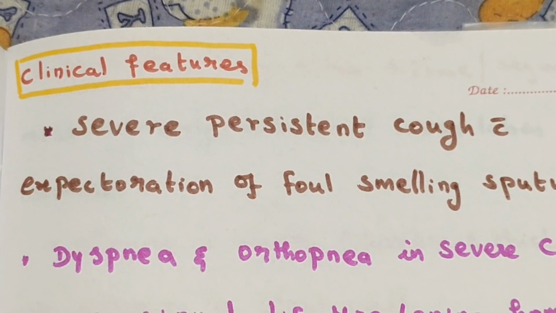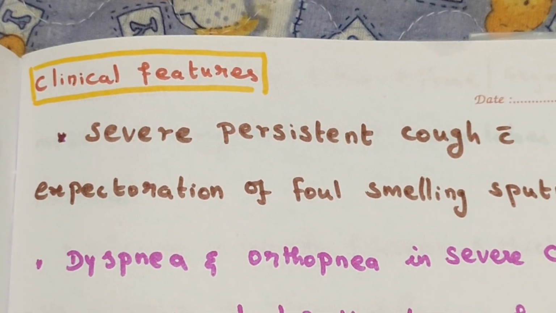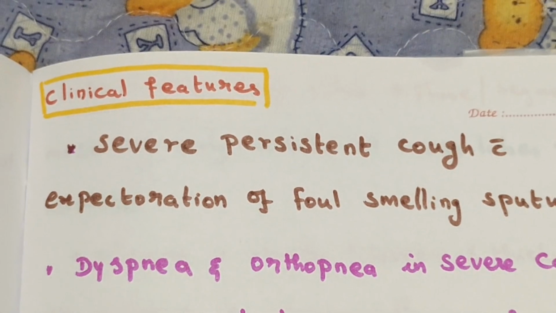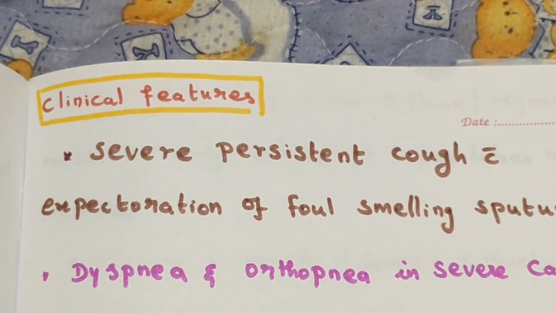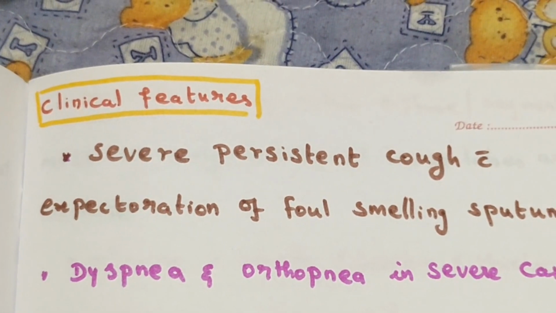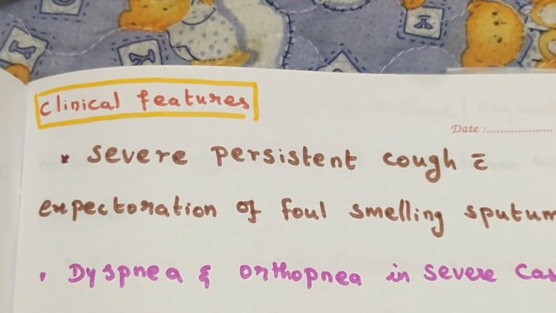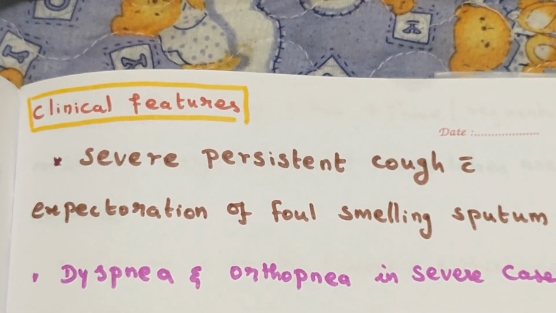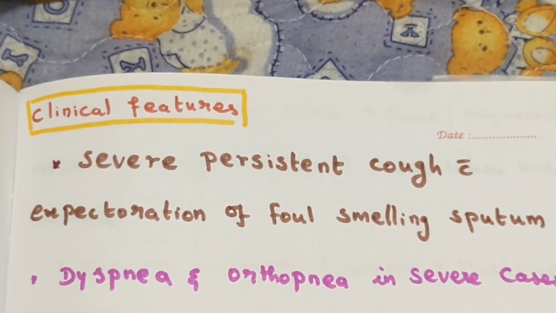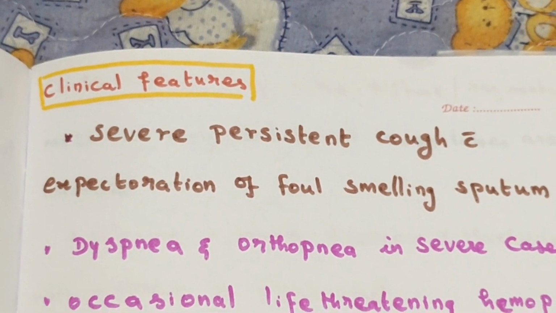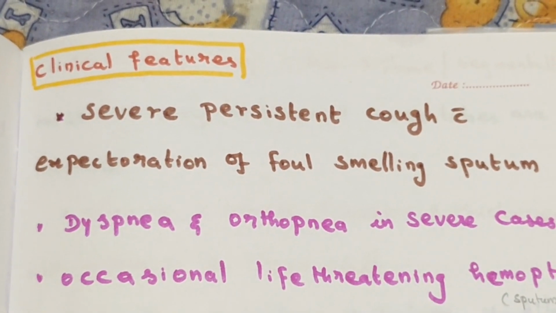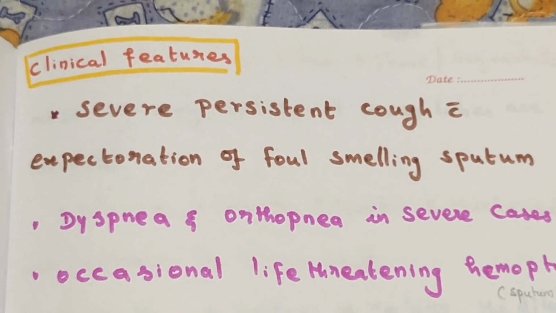So obstruction or infection leads to destruction of the bronchial wall because of inflammation, leading to weakening and then dilatation of the bronchi and bronchioles. That is the pathogenic mechanism of bronchiectasis.